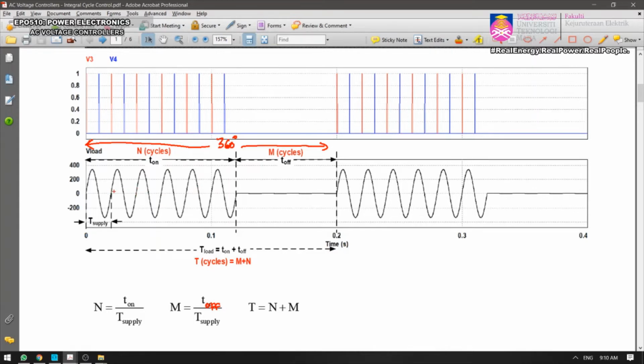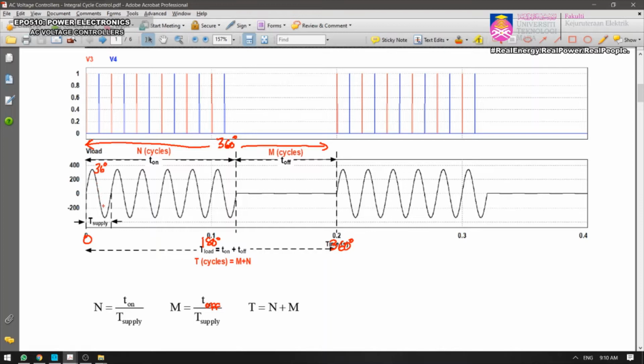So if that is 0, this will be 180 degrees, and that will be 360 degrees. For 180 degrees, you are going to have 5 cycles, 1, 2, 3, 4, 5, isn't it? So if you divide 180 degrees by 5, you get one cycle consisting of 36 degrees.